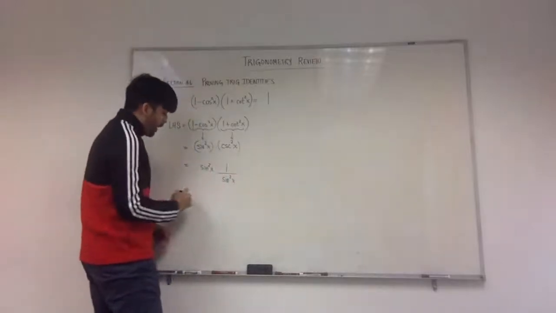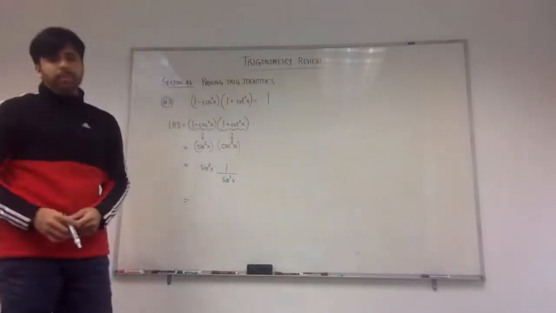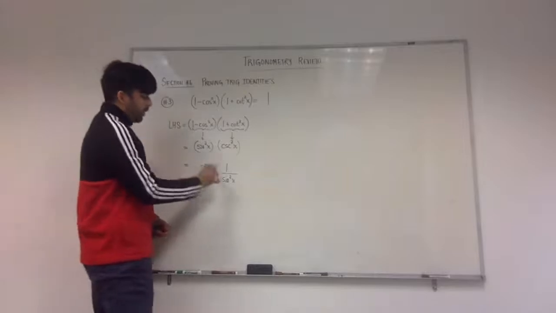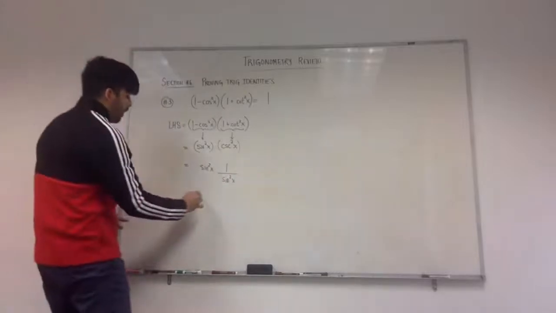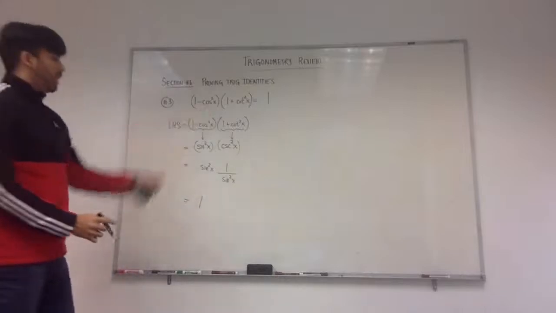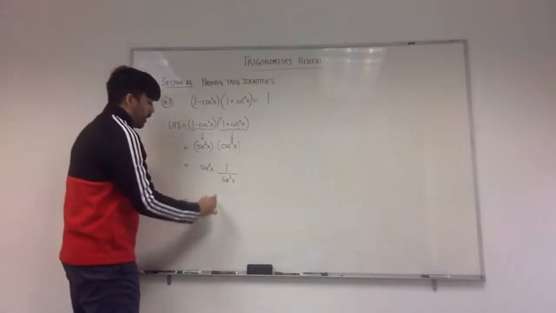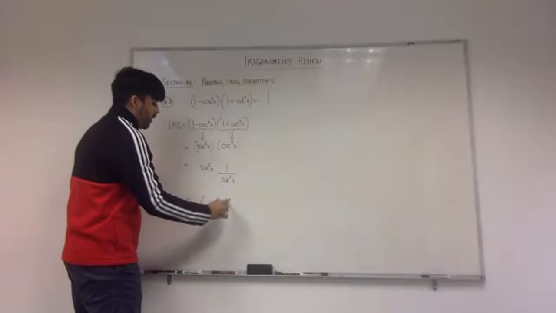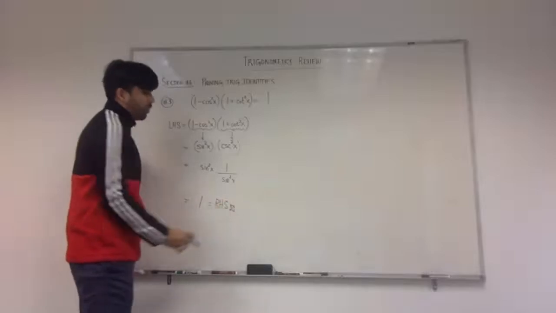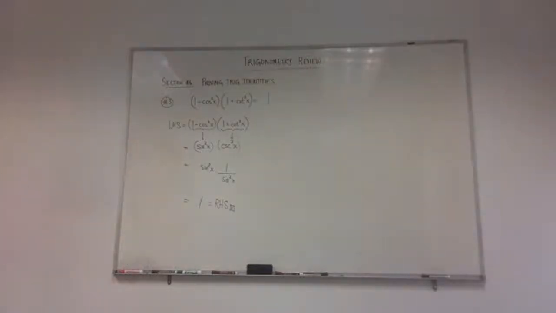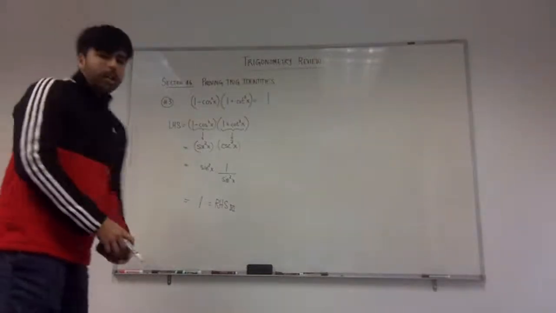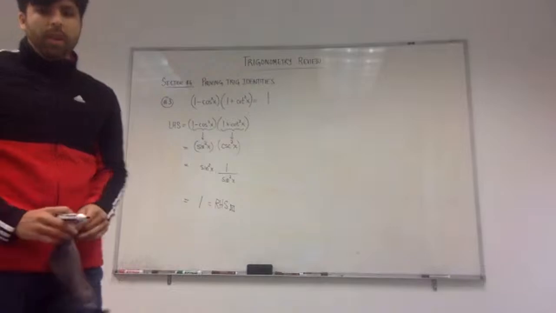And when you multiply anything by its reciprocal, right, you see these expressions here, quote unquote, cancel, and we are left with 1. And the 1 is exactly the right-hand side. So again, I have completed the proof here because I've shown through some substitutions and a little bit of algebra that the left-hand side equals the right-hand side.